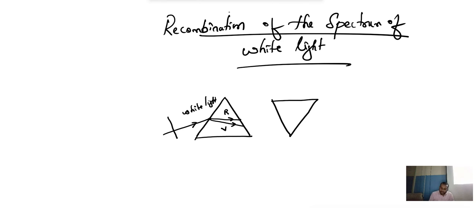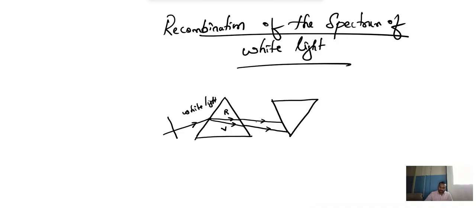Again, once it hits the surface, some bending will take place. A bit of bending will take place even after this. Not exactly parallel, not exactly straight. Can you see this? Both are not parallel to each other.